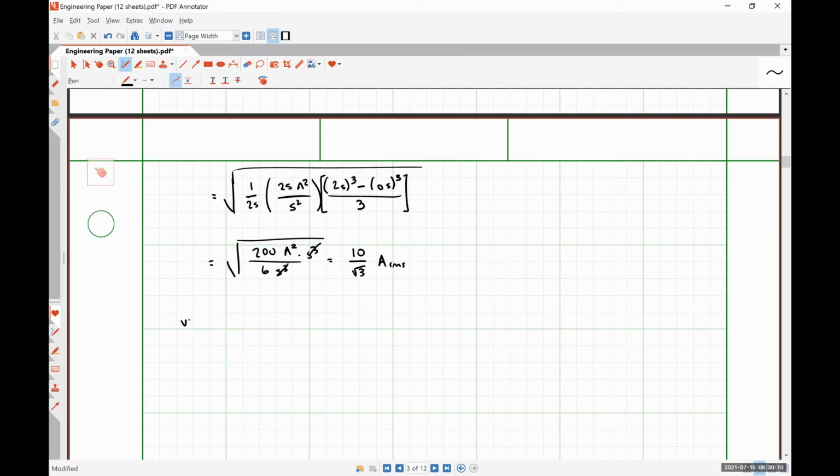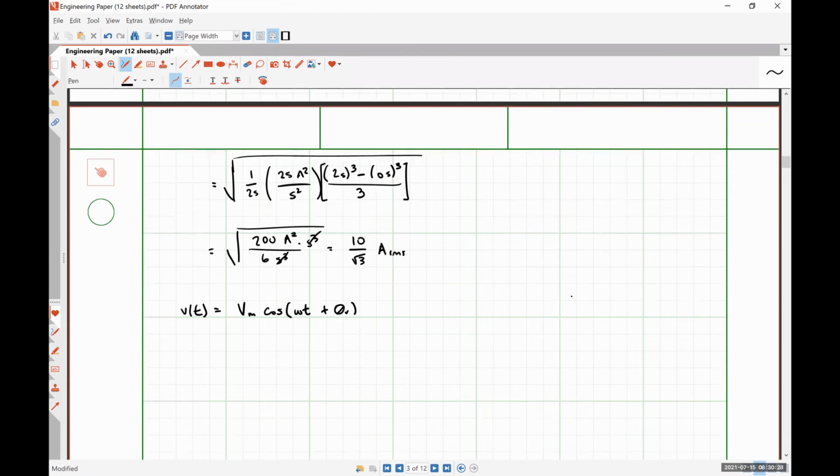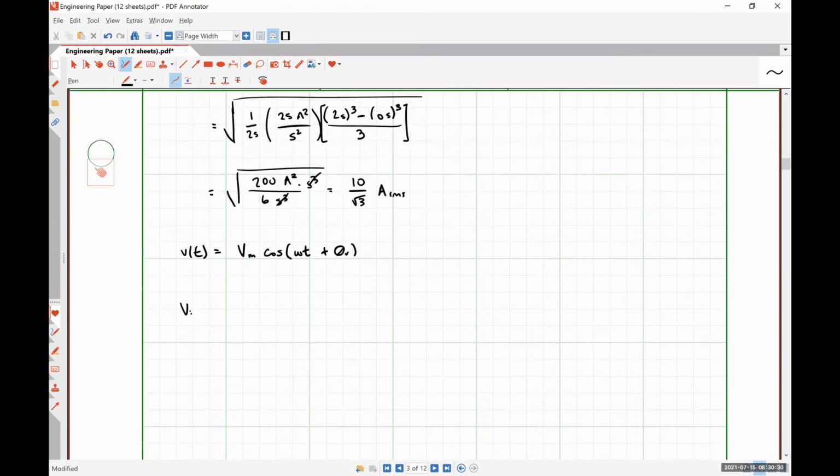So let's say that we have v of t is equal to Vm cosine omega t plus some arbitrary phase angle, theta v. Our effective value will be the square root of 1 period. So what is 1 period of this waveform?